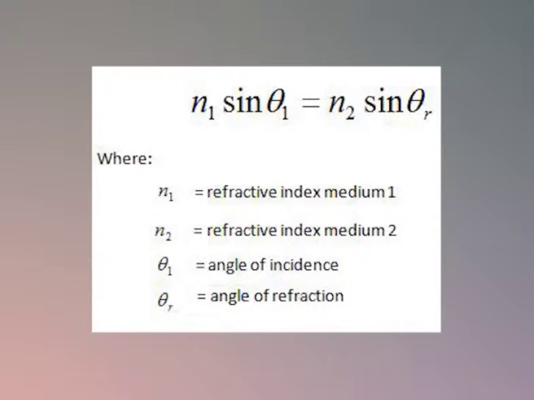This is also described by Snell's law, which is given as n1 sin theta 1 equal to n2 sin theta 2, where theta 1 and theta 2 are respectively the angle of incidence and the angle of refraction, which is shown in the figure on the screen.